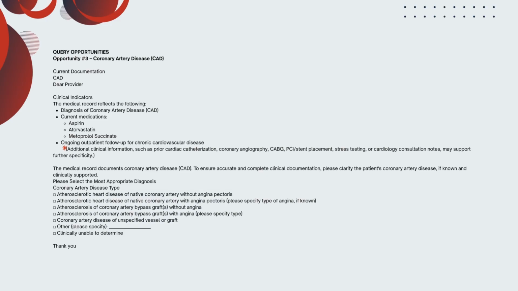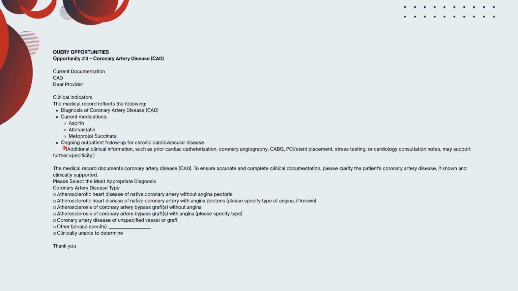Please select the most appropriate diagnosis: coronary artery disease type. Atherosclerotic heart disease of native coronary artery, without angina pectoris. Atherosclerotic heart disease of native coronary artery with angina pectoris, please specify type of angina if known. Atherosclerosis of coronary artery bypass grafts without angina.